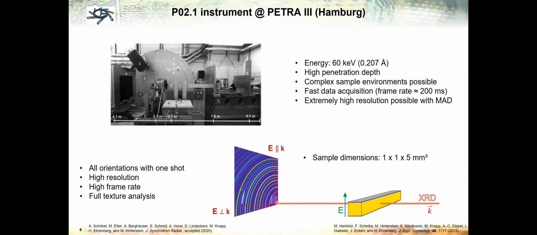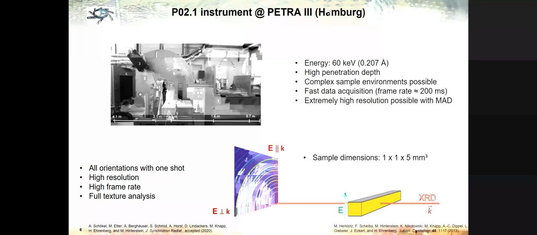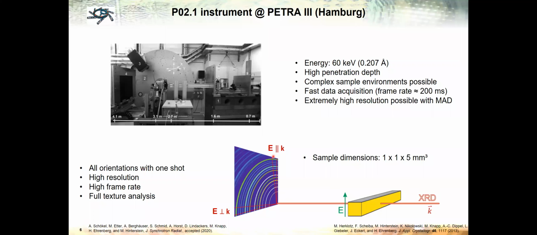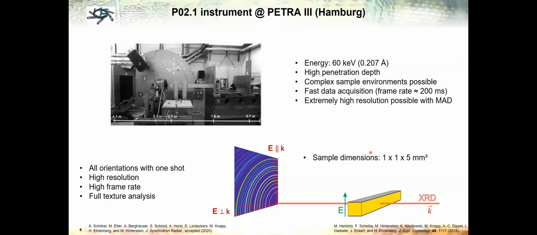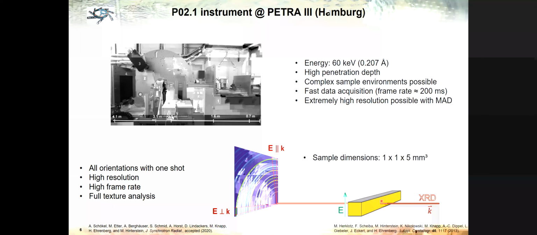We put the direct beam at one corner, so that at the most extreme we have a vertical cake, then a horizontal cake, and all the different orientations in between. Like this you get good texture information, and you can cover all orientations within one shot. This means your time resolution is basically the highest frame rate you can get with the detector. Typical sample dimensions are 1 by 1 millimeter, and the beam is typically also 1 millimeter wide.